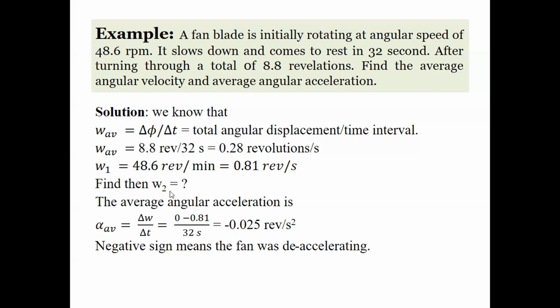Since at time t equal to 0 the blade was doing this, now it has come to rest in the 32 seconds. Therefore, its final value is 0. So 0 minus 0.81 revolutions divided by 32 is the answer for the average angular acceleration. This negative sign means that the fan was decelerated.